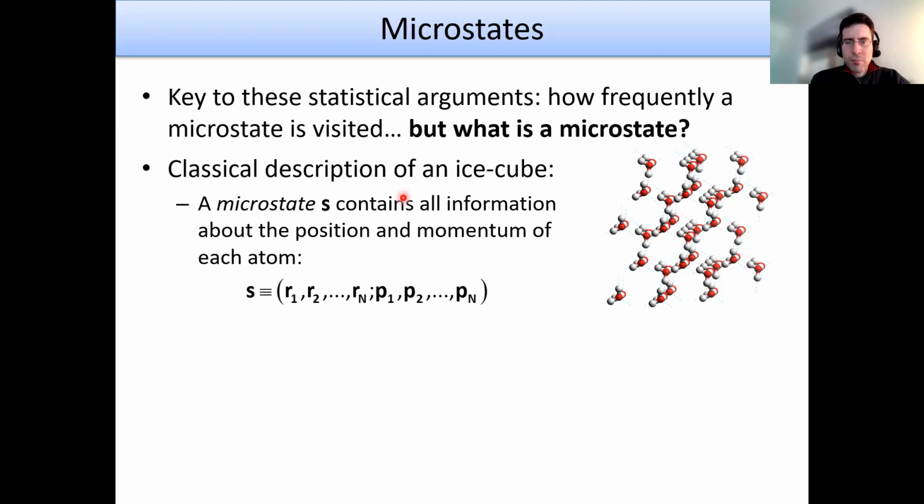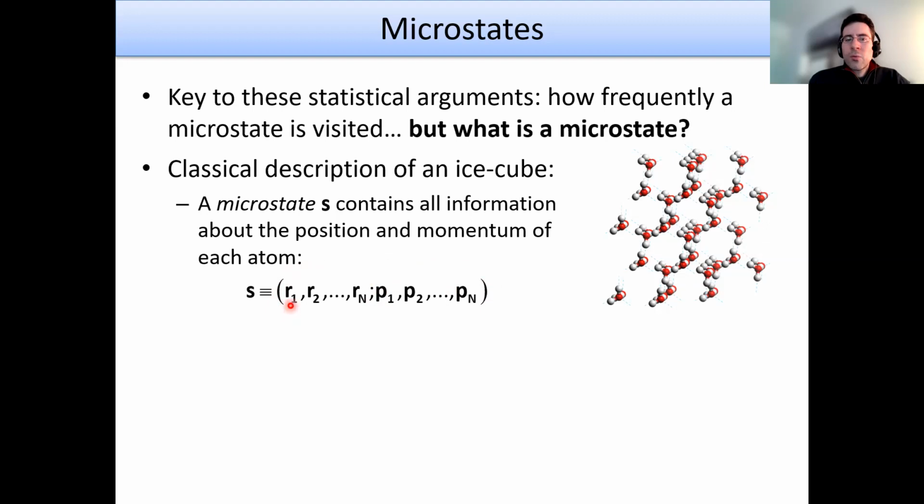The point is that the microstate contains all the information about the system, and in this description, the information is summarized in the positions of the particles, each and every one of the atoms that we have in the system, for the fine-grained description, but also the momenta.